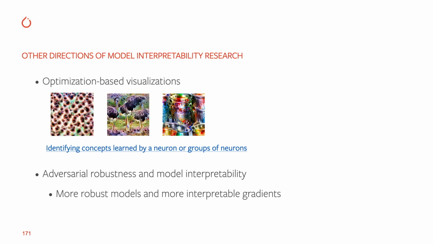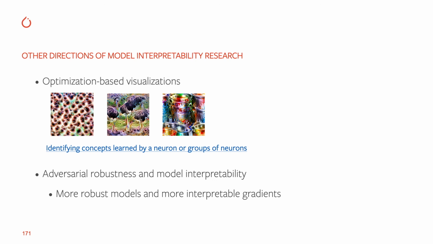This lecture sheds light on some model interpretability and explainability techniques. However, it is by far not complete. There exist many other interesting research directions that I would encourage you to explore.